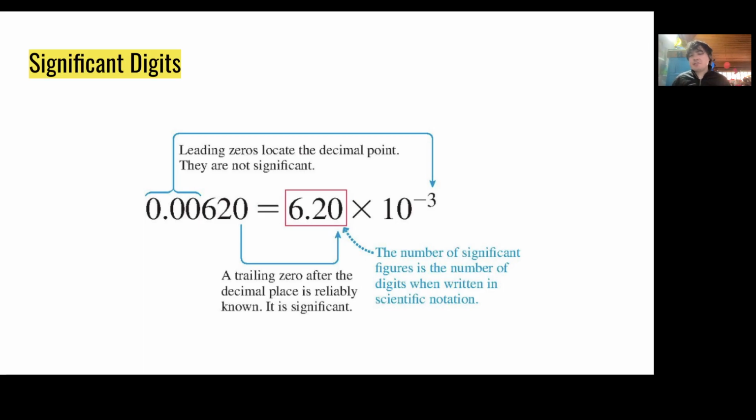So that can be very confusing to try to keep track of all those rules. I'll go through the list of rules in a second, but I would recommend just converting into scientific notation, because then you always know what's being multiplied by 10 to whatever order. So in this case 6.20, you would have 3 significant digits because there's 3 numbers there. So it makes it far easier to keep track of significant digits.